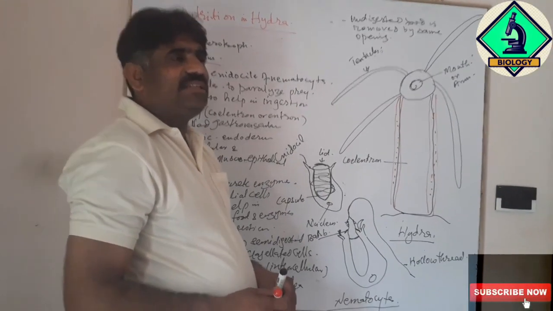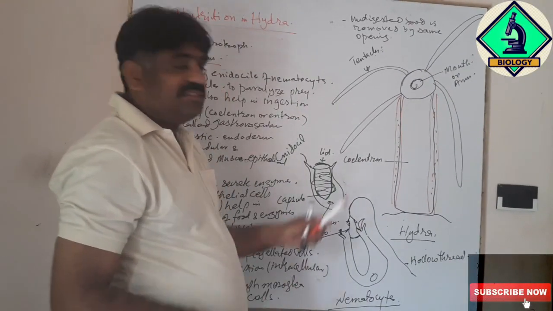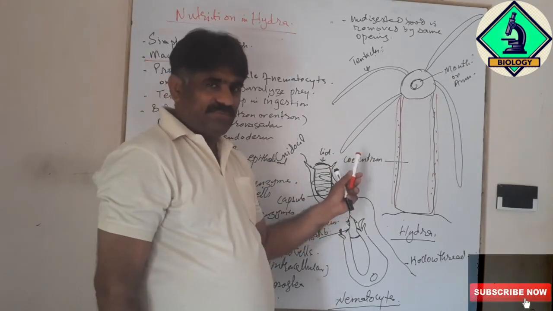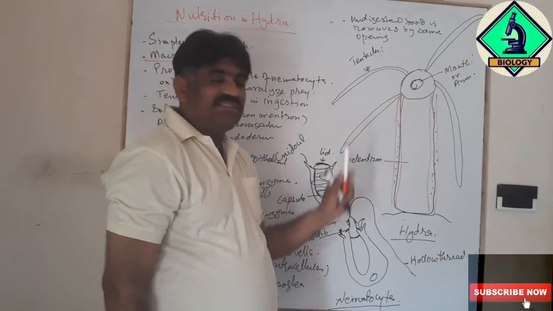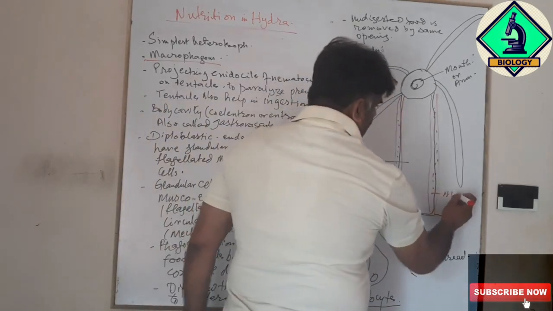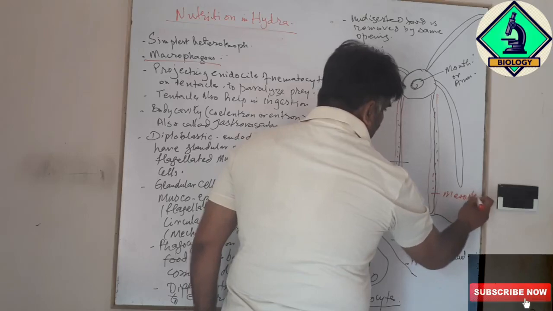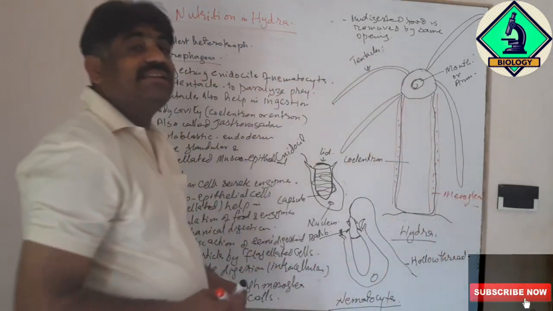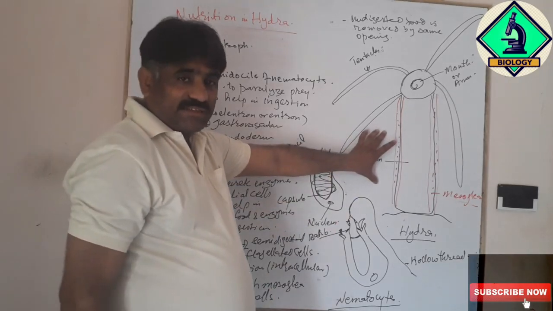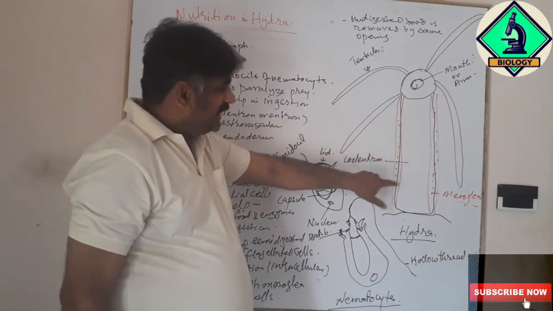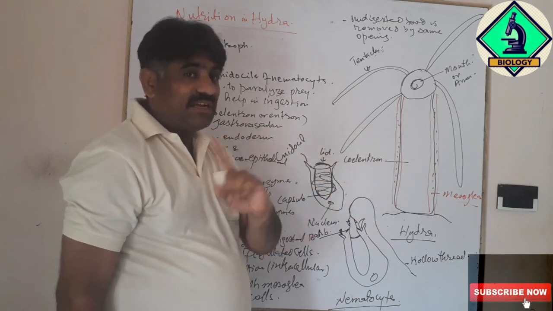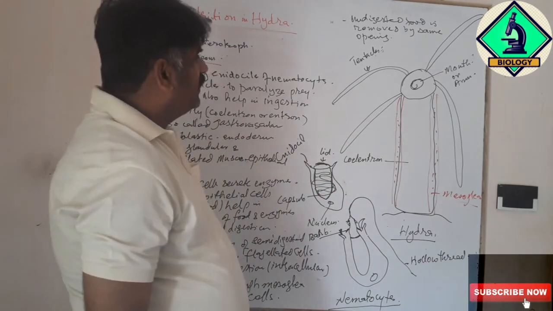So due to larger intercellular spaces, there is no true tissue layer between ectoderm and endoderm. Hence it is not called mesoderm. The third layer is called mesoglea. Not mesoderm but mesoglea. So its body consists of ectoderm and endoderm, and between ecto and endoderm there is a mesoglea, not a true tissue layer.